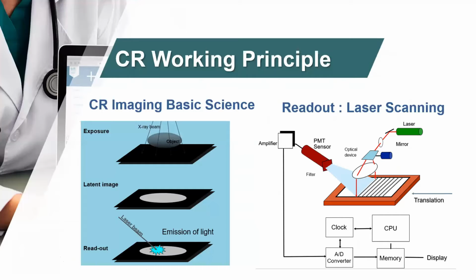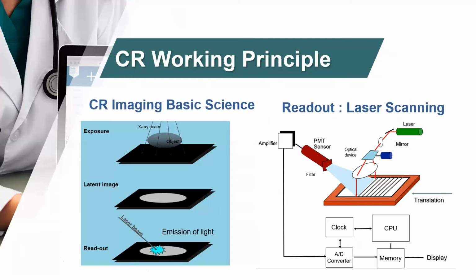So this is the working principle of a CR. You can see that the object is exposed, and the latent image is stored in the form of energy. On the right-hand side, you can see the photomultiplier tube and a laser.